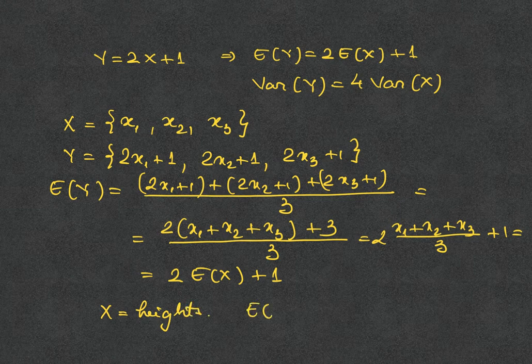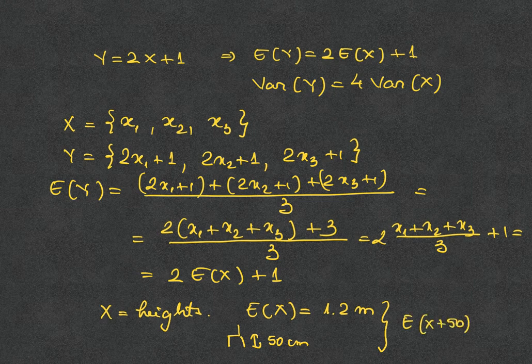Let's assume that the mean height when you all sit on the chair is 1.2 meters, and let's assume the chair is 50 centimeters high. If you all stand now, your expected value when you stand, so you add 50 centimeters to each of you, will be 1.7 meters. So see how this 1 adds here at the end.